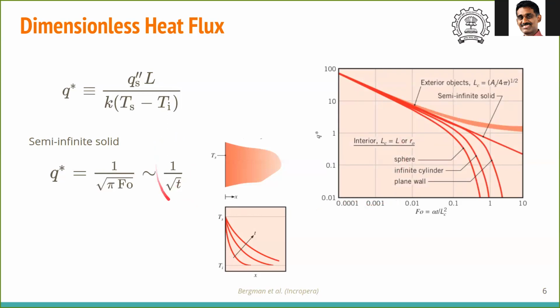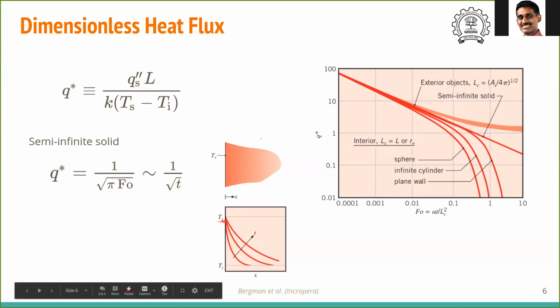So that essentially means this goes as 1 by square root of t. So this line represents the solid wall, where the temperature will reach the steady state temperature, or Q star will reach 0, only at infinite time.